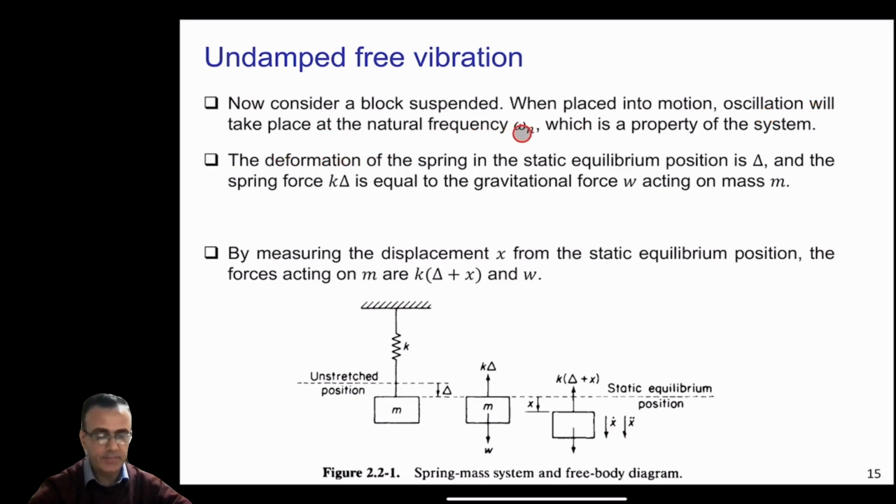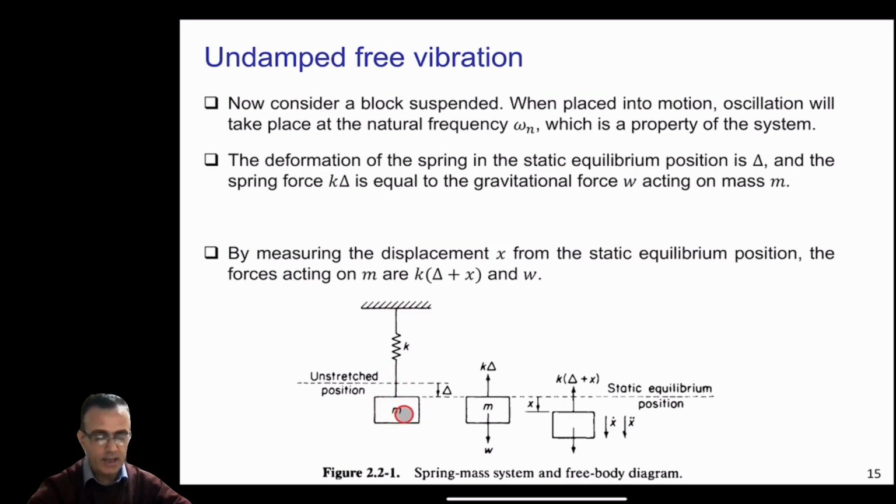Its natural frequency, which is omega n, is a property of the system, so it depends on the k and m of the system here. And in this case, the deformation of the spring in the static equilibrium position. So this is our static equilibrium position because the spring and mass are just stationary here.